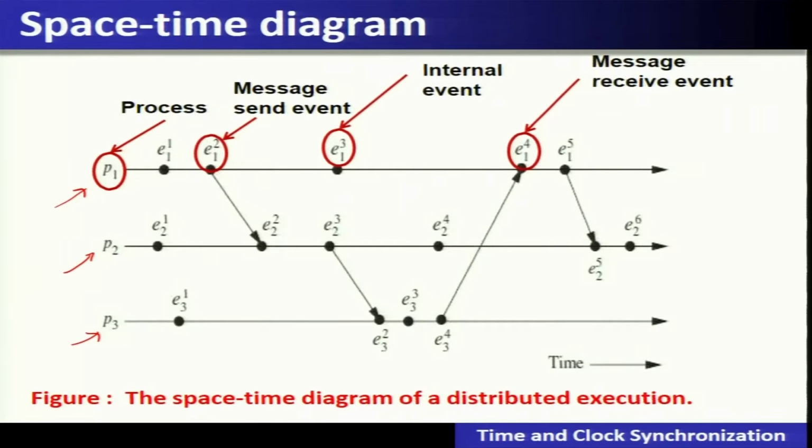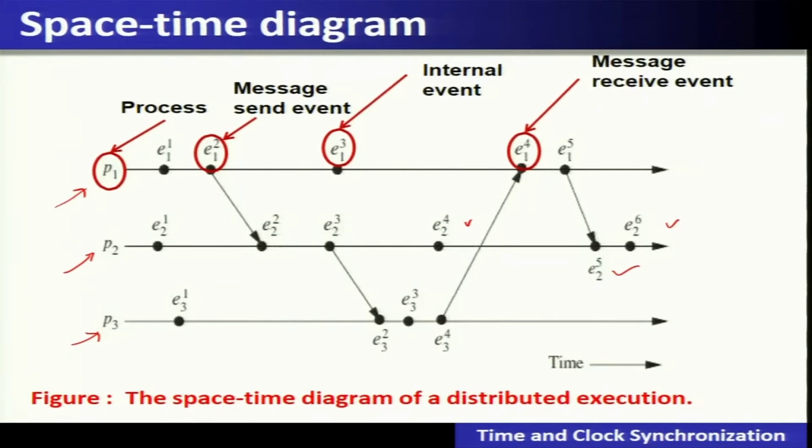Similarly, for process 2, or a second IoT device, various internal events occur at that device, that is event 1 at process 2, event 2 at process 2, event 3 at process 2, event 4 at process 2, event 5 and event 6 at process 2. Similarly, process 3 is also shown in this manner.